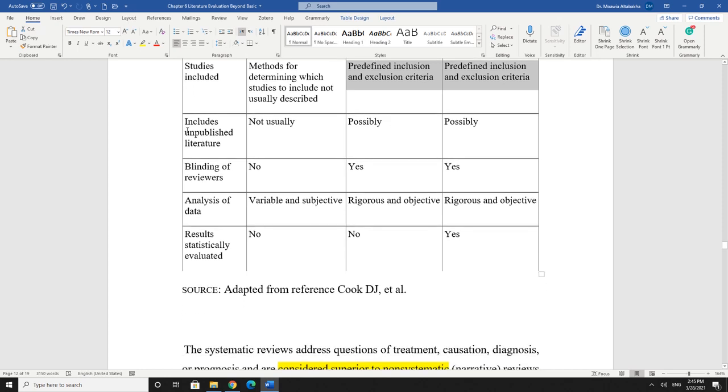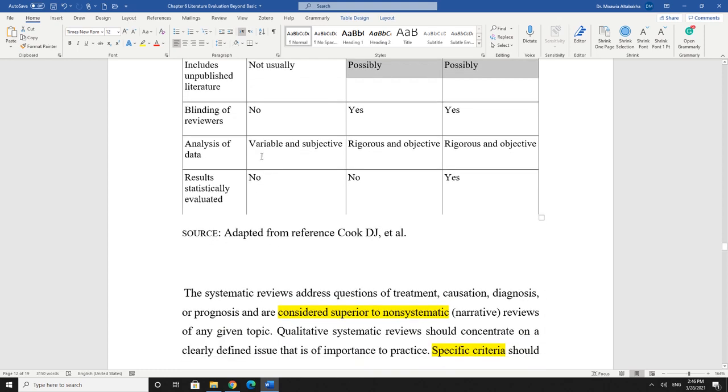Are they going to include unpublished literature? Here it is considered gray literature. The gray literature, the unpublished ones, maybe it's available in the factory but they did not publish it. For non-systematic reviews, usually they do not include that, but for systematic reviews it's possible that they will include it.